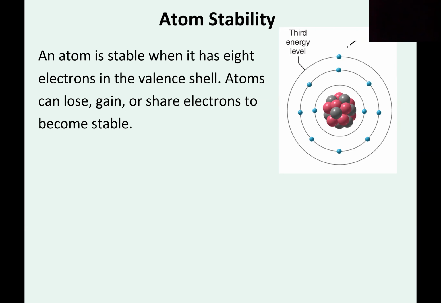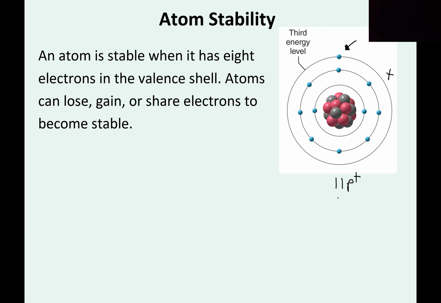So this is in the first column. It has 1 electron. The easiest way for it to become stable is to lose that electron. However, that means it's going to gain a positive charge. It'll have 11 protons.